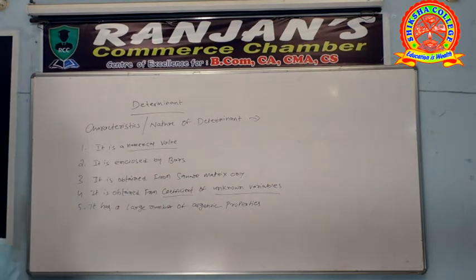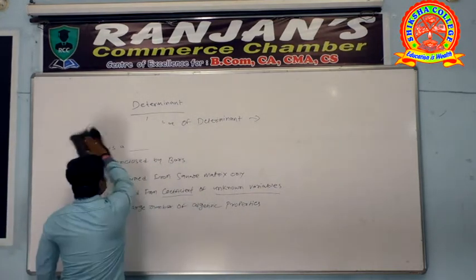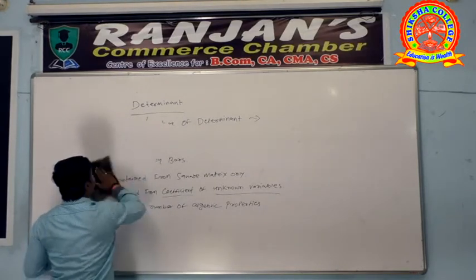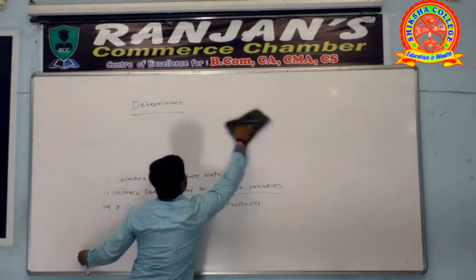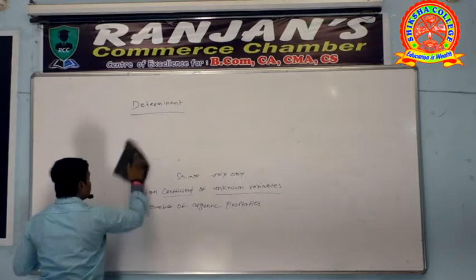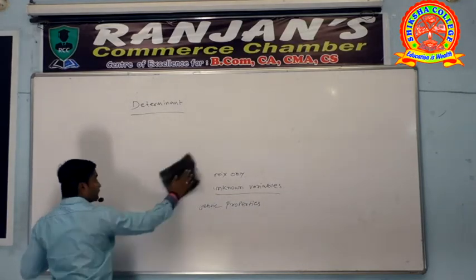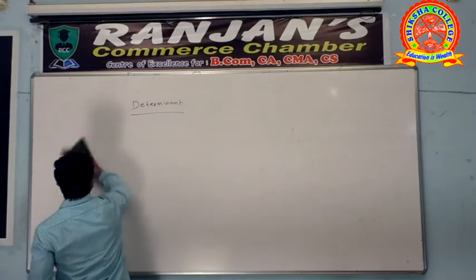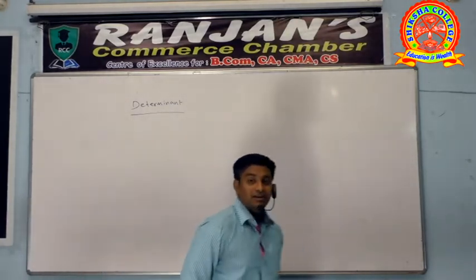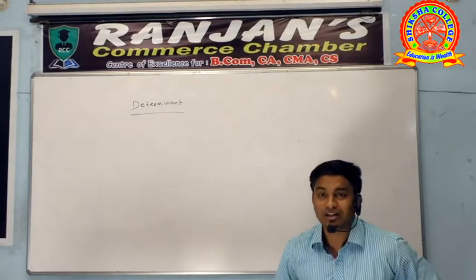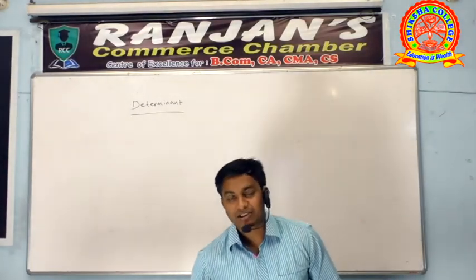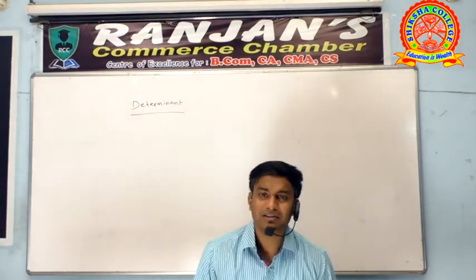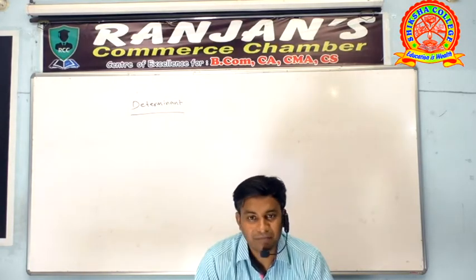Friends, see. So next we have to discuss minor and cofactor. What is minor? What is cofactor? That is also another part of the determinant and which is important for matrices.